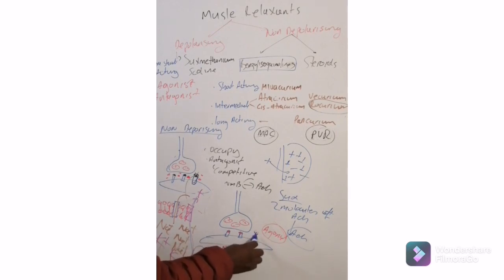Because the thing is, suxamethonium sits there and exerts prolonged effects, because it's not broken down by acetylcholinesterase, just like acetylcholine. Acetylcholine cannot have prolonged effects because it's broken down by cholinesterase enzyme. So as soon as it has exerted its effect, it's broken down again.